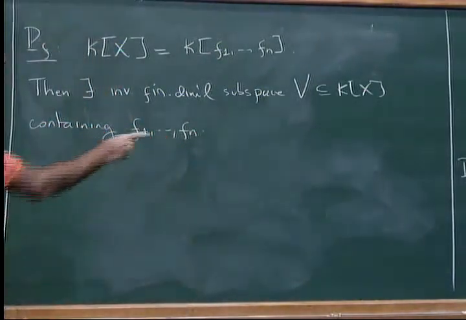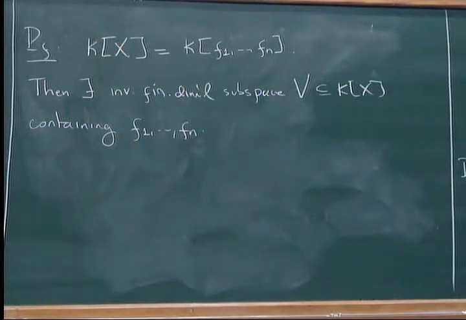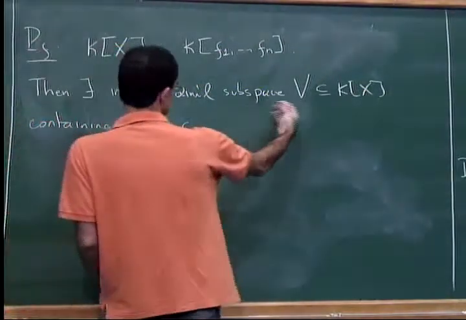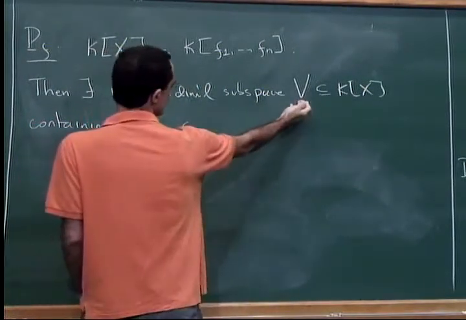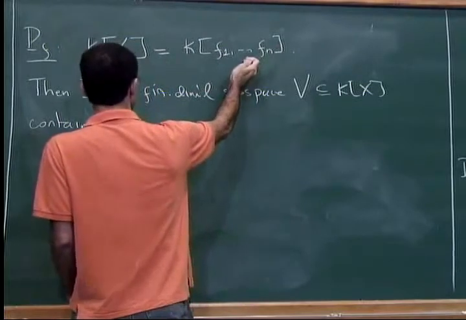Okay, so that's proposition 2, right? And then we can expand this to a set of generators of V. They will generate the algebra as well.